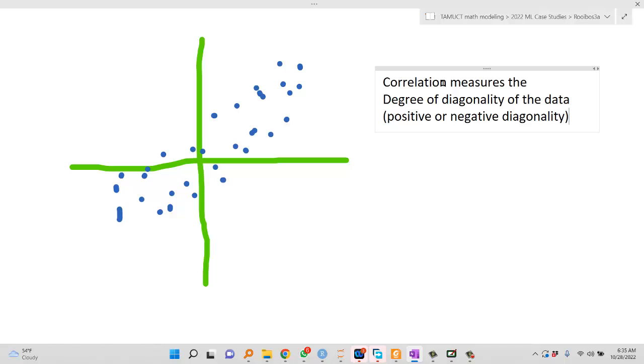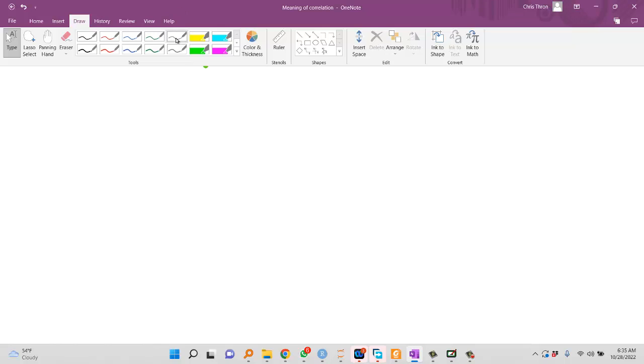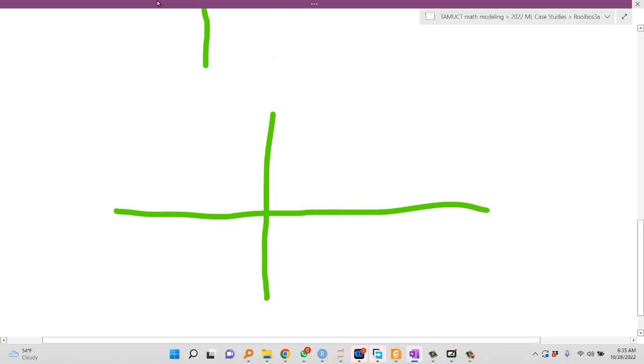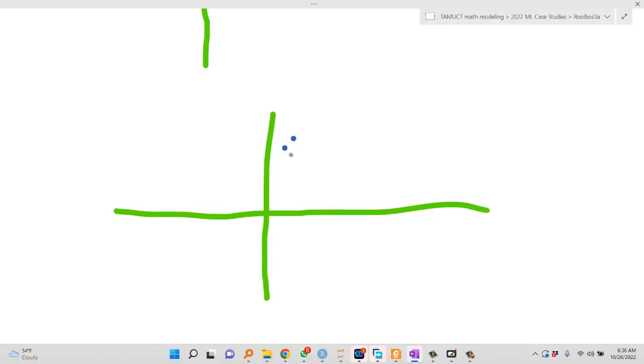Okay. All right, now let me show you another example here. Suppose I take my axes. So again, I'm going to take my data and draw my axes through the center of the data. Let's take a case where we have data like this. Most of it is something like this.